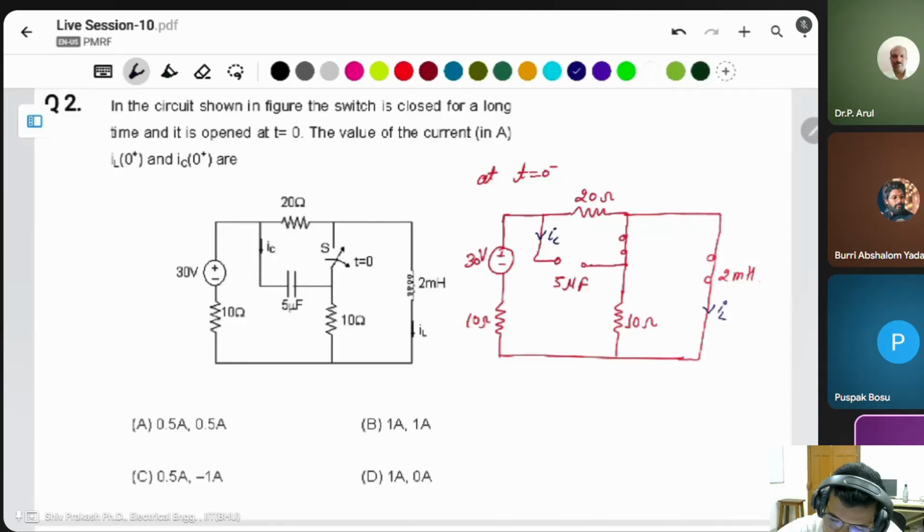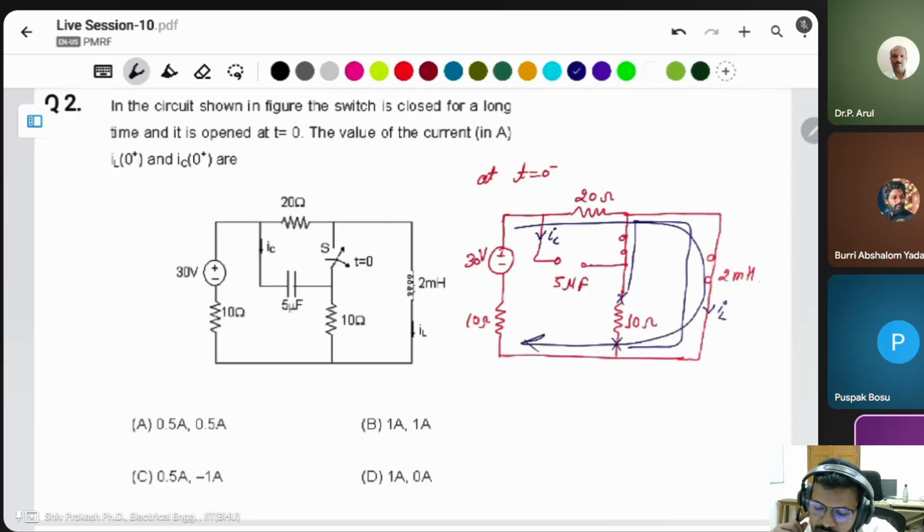This is short circuited. This whole part is a short circuit, which means this is also a short circuit, so there is no meaning of this resistor. The circuit will close like that. All the current is flowing through the short circuit, not the resistor.